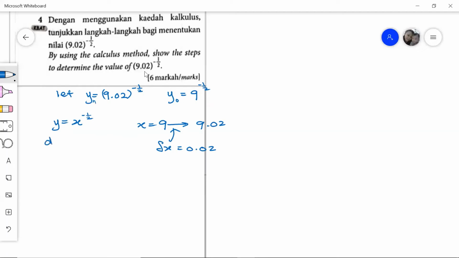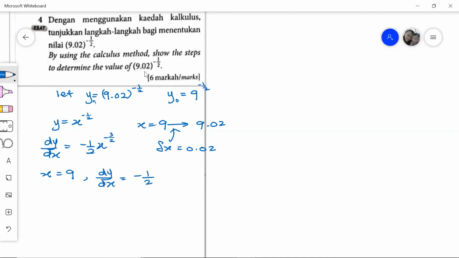Before that, we have to find the differentiation of y with respect to x. We have negative half, x to the power of negative half minus 1. So we have negative 3 over 2. Therefore, when x equals 9, our dy/dx will equal negative half.